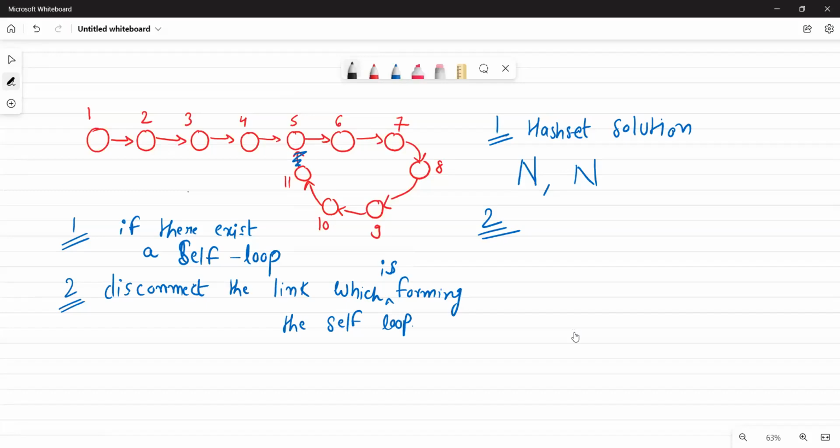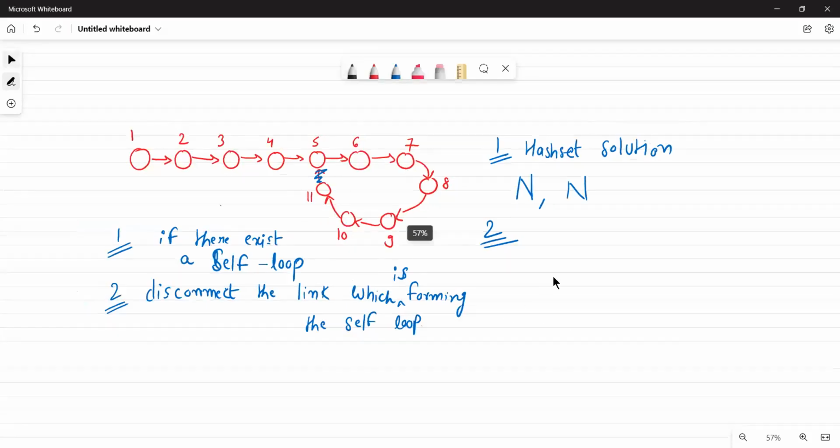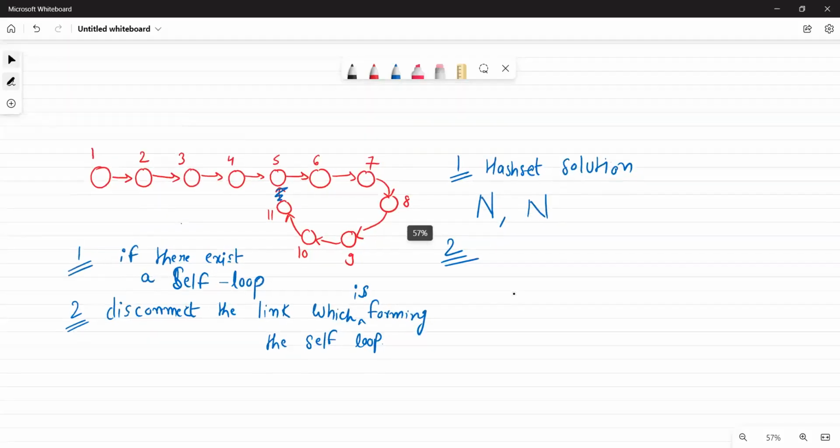Can anyone have the idea, like the brute force? Yeah, as we traverse from 1 to 11, we'll keep on comparing the hash code of that node. Continue. Yeah, I'm coming back to hash set, as it is. We don't want that.